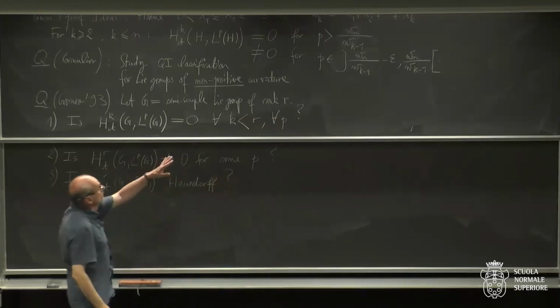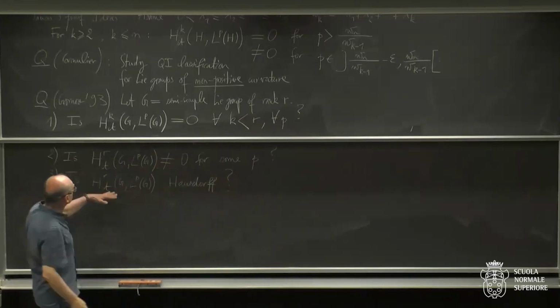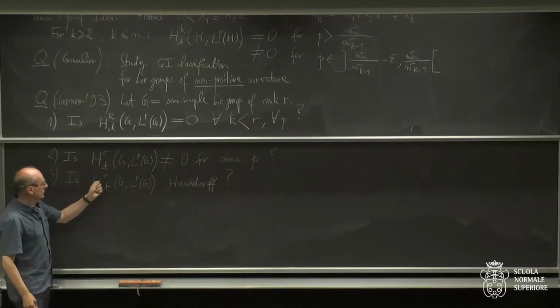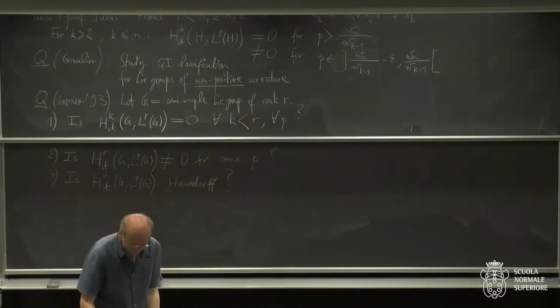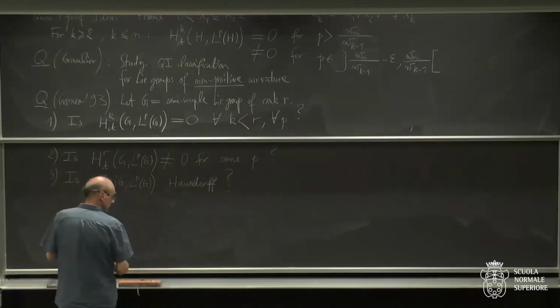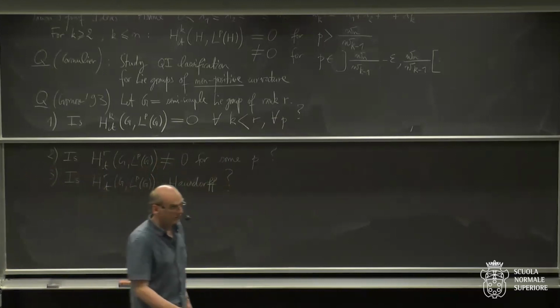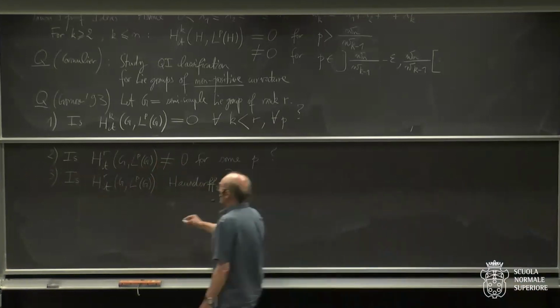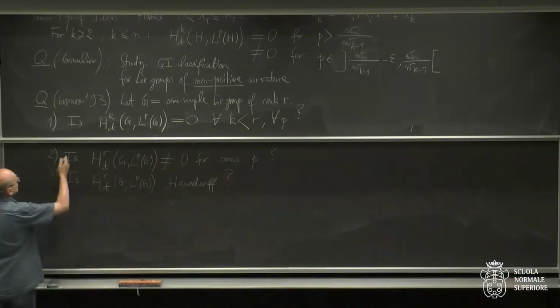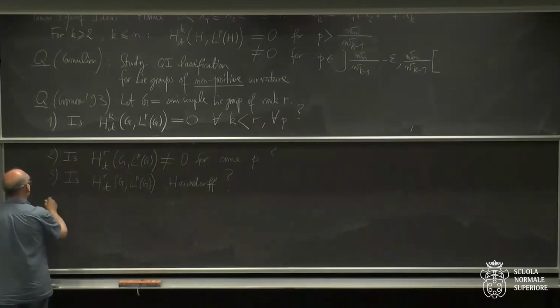Which means that when you divide the kernel by the image, it is closed in the kernel. And this kind of problem has been studied, and so there are several answers.